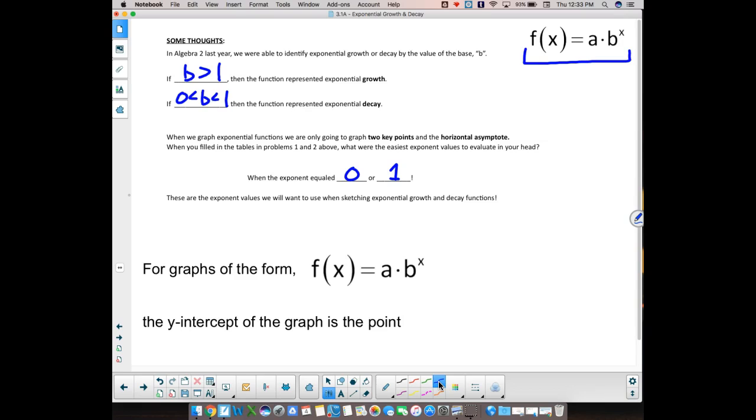So we can utilize those two facts together in that we can say, if we know that it's a growth function, as we go to the right, it's going to go up. Okay? And then we can just figure out where those 2 points are and then fill in our graph. We don't have to do a 5 or a 7 or an 8 or however many points you need in a T-chart. We can just do 2, and more than likely you'll be able to do those in your head. Okay? All right?